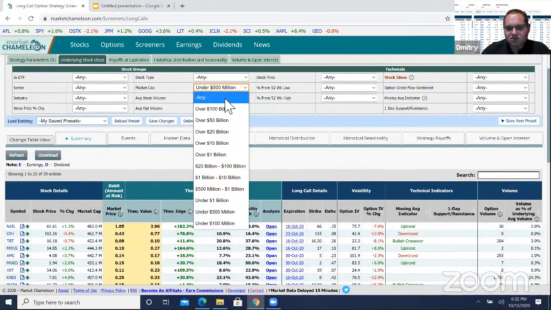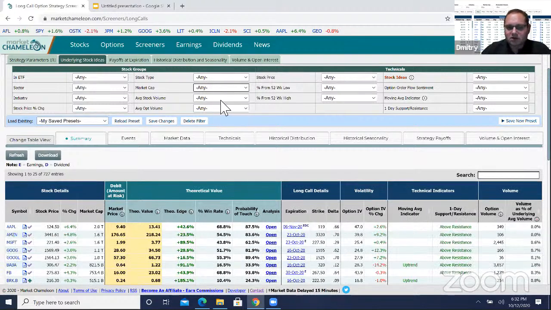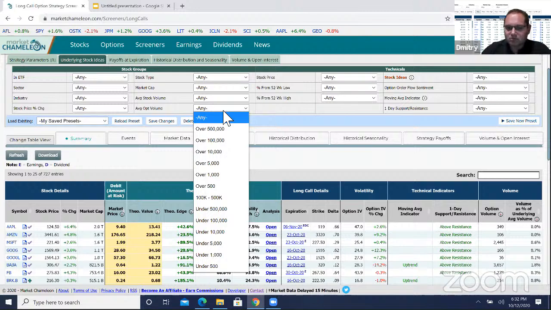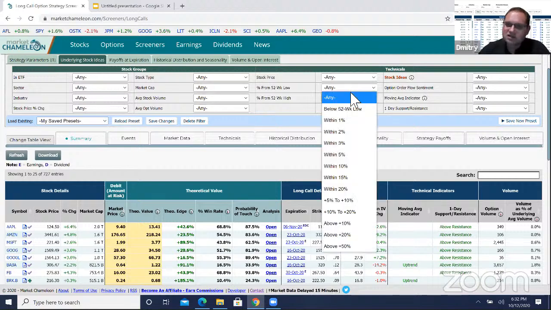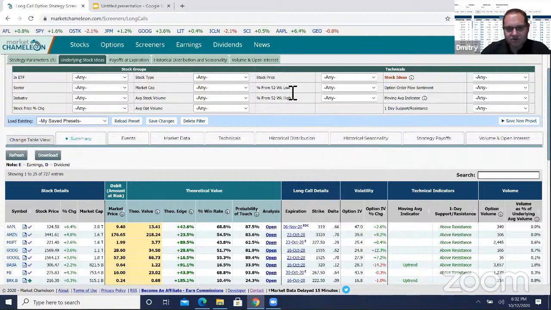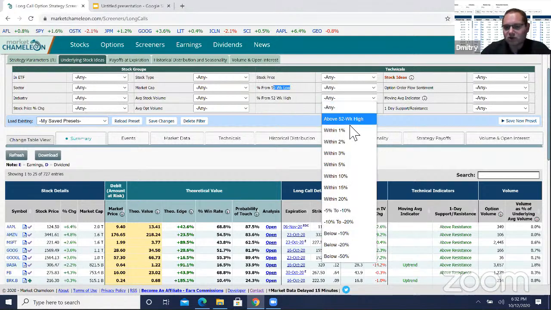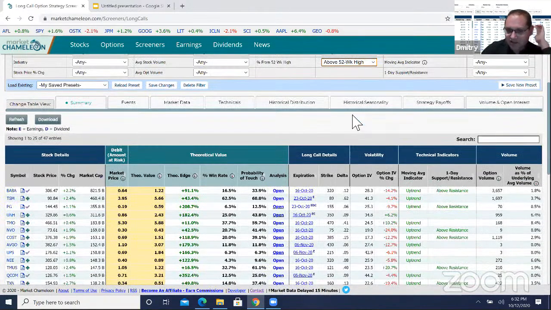Let me unfilter this. You could also create a minimum of average option volume per day. You could look for stocks that are hitting new 52-week highs or lows. So for 52-week highs, let's say it's within or above the 52-week high, so it's making new 52-week highs today.